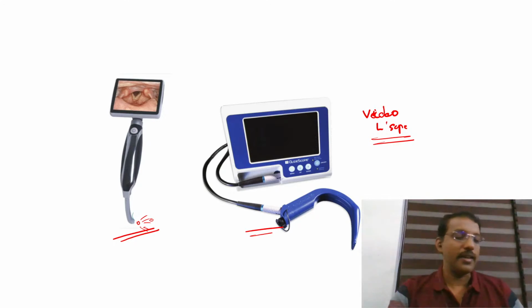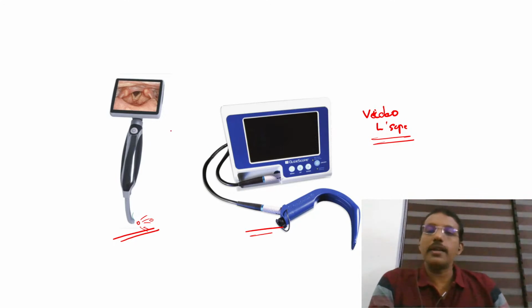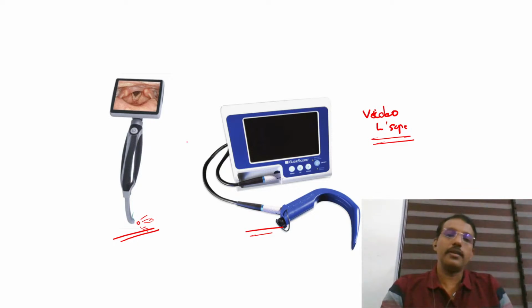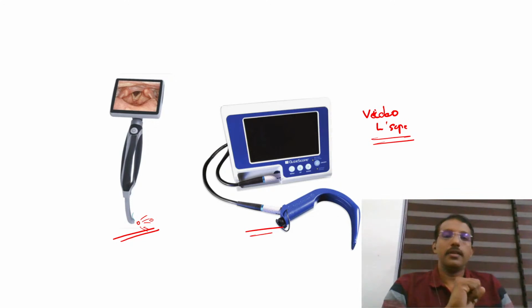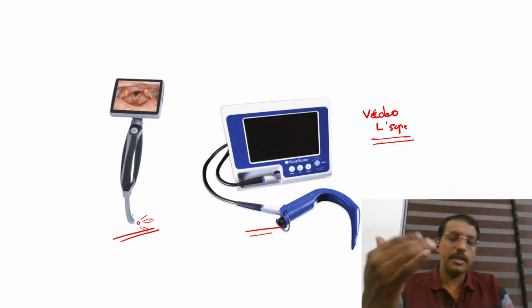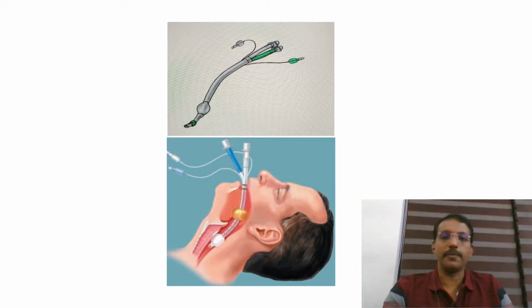It's not a camera, it is a video laryngoscope. Most of you would have used it in COVID times, because when you have a COVID patient, you can stay away without bending down. You can see it on the monitor and intubate. Multiple video laryngoscopes have come, C-track, air track, etc. But in general, you call it a video laryngoscope. So when you have something like this, remember that.